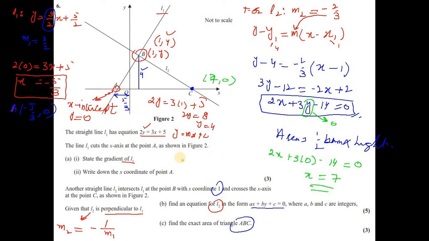So you can say that the area of the triangle is half of base, and base is 5 by 3 plus 7, into height. Height is 4. You can simplify this expression, so your area A will be equal to 52 by 3. This is your area.